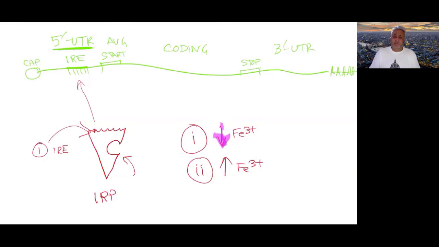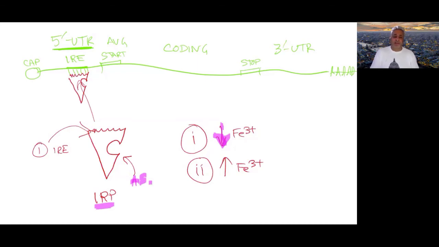So how is the choice made by the cell? The choice is made by the IRP. When there's no iron, nothing binds to the allosteric site. Nothing binds there. So the protein has a natural affinity, a liking for the IRE. And that's exactly what happens, right? So the protein will be found, in this case, attached to the IRE.